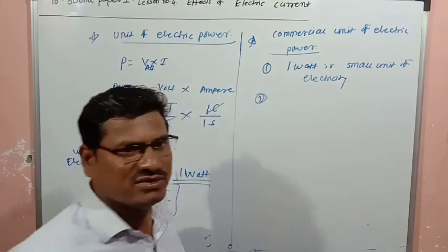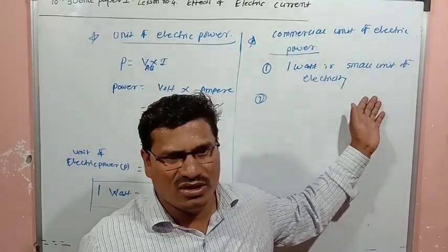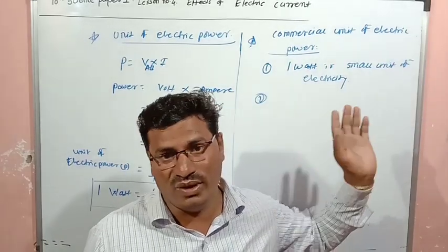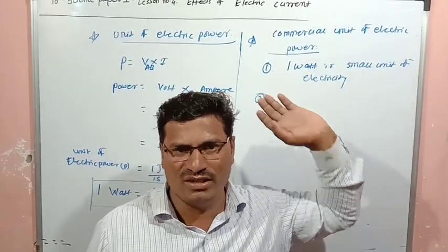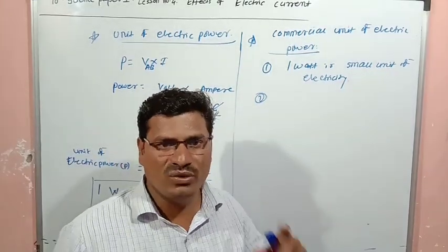Second thing is that if you count this, it will be in many thousands of watts. So instead of that, we take a larger unit, and that larger unit is the kilowatt.